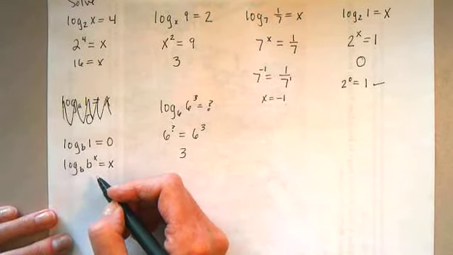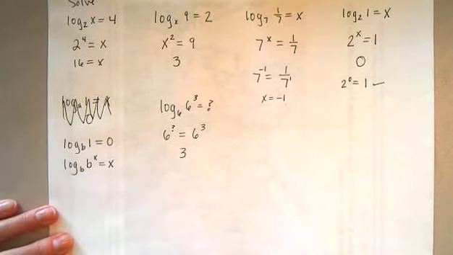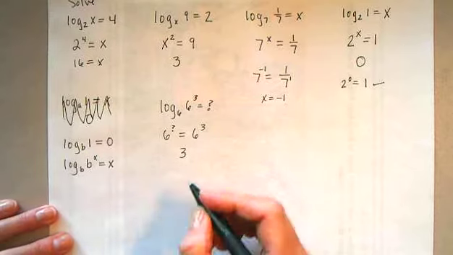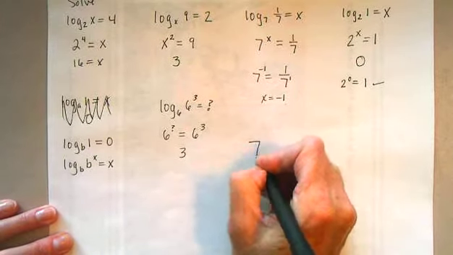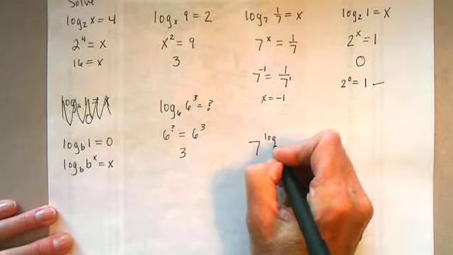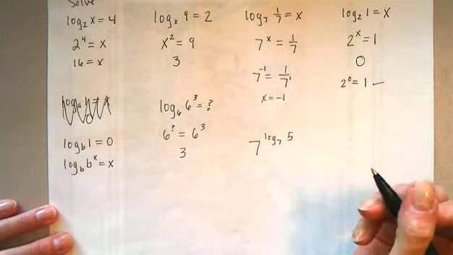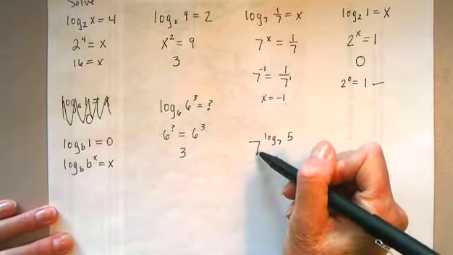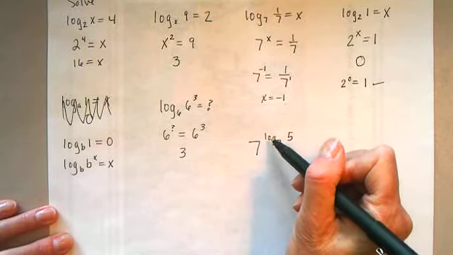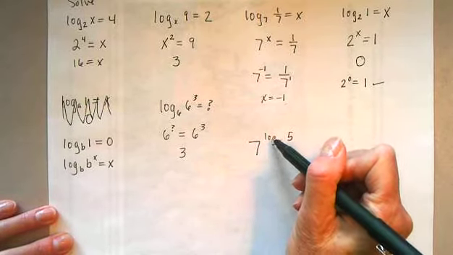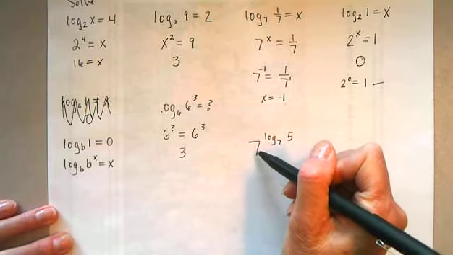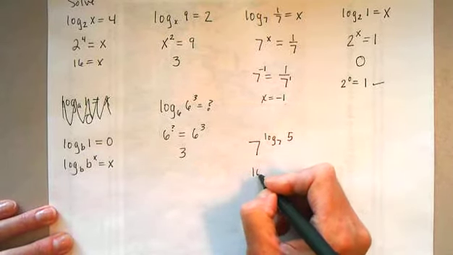And the last rule that we want to be familiar with is if we were going the other way, if I had 7 to the power of log base 7 of 5, let's convert that. This is an exponential because, believe it or not, this is a base and this is an exponent. So if I wanted to convert this to a log, I would write the word log first.